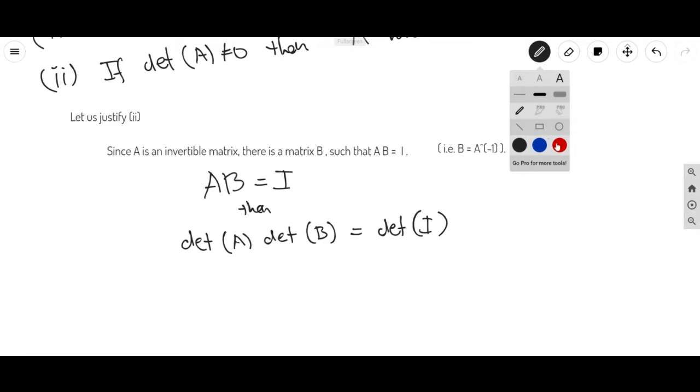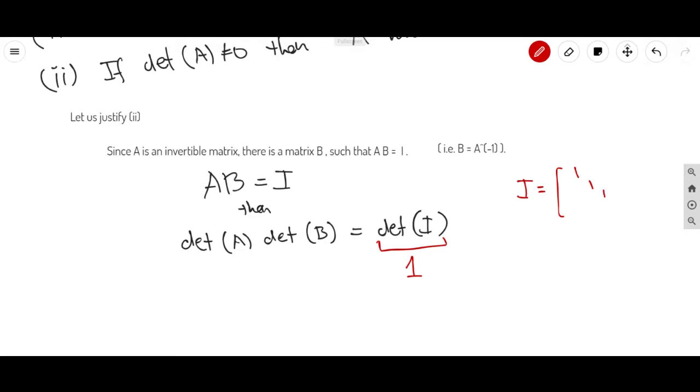Now, the determinant of the identity is 1, because the identity matrix is a diagonal matrix. It's for the same reasons that we said before. It's both an upper triangular matrix and a lower triangular matrix. But when you have a triangular matrix, the determinant is just the numbers on the diagonal.